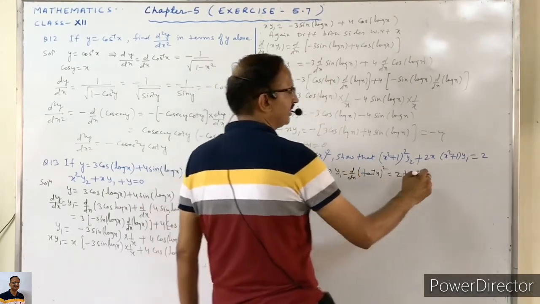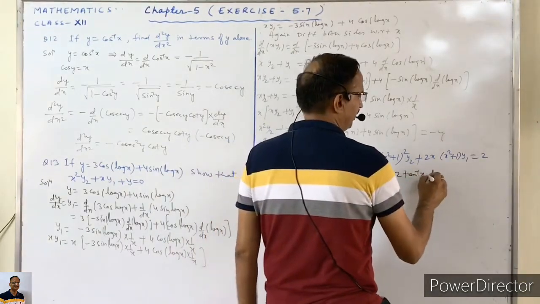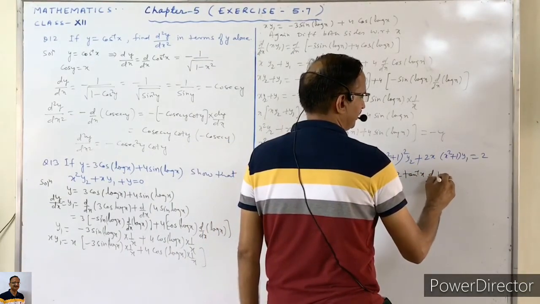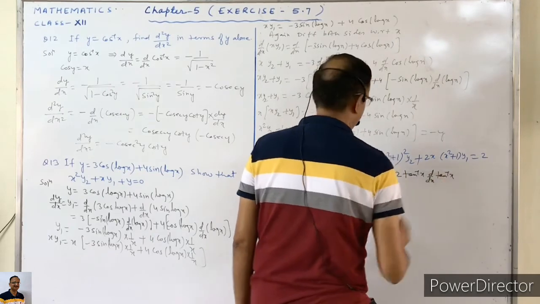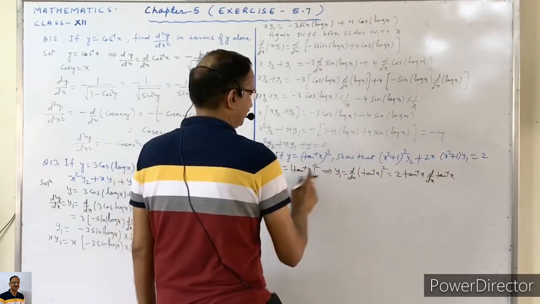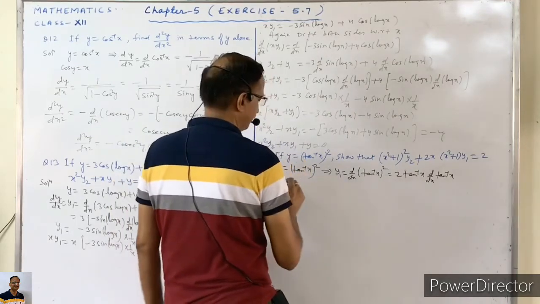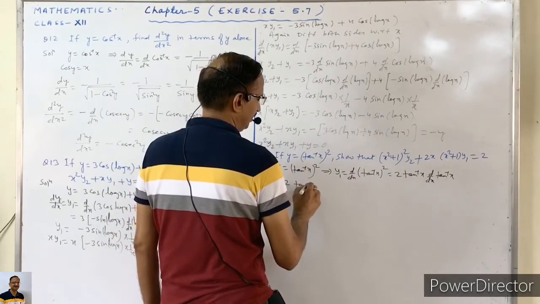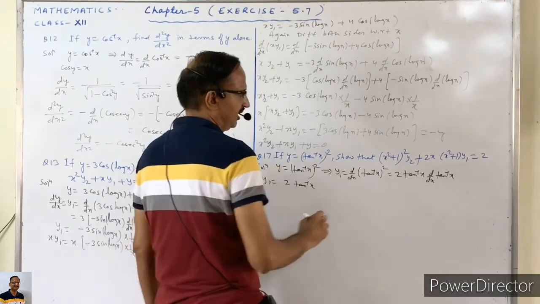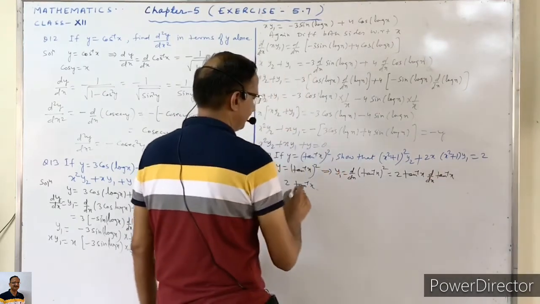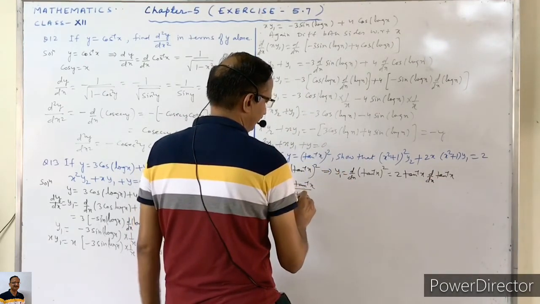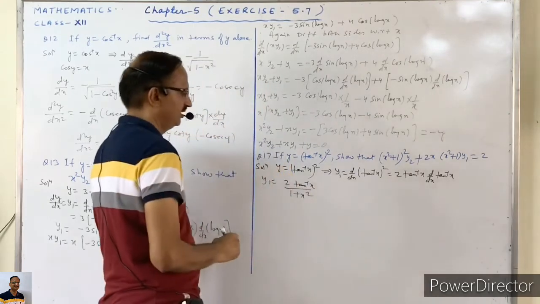But this is not x, so we will write the derivative of tan inverse x in the product. Now this is y1. On the right hand side this is 2 tan inverse x, and the derivative of tan inverse x is 1 upon 1 plus x square.